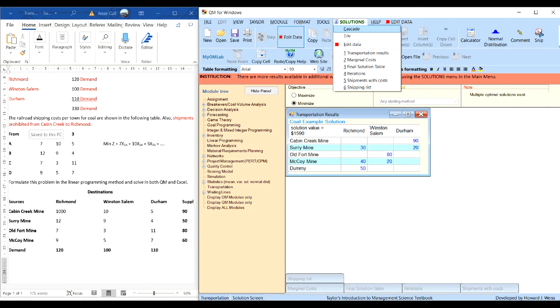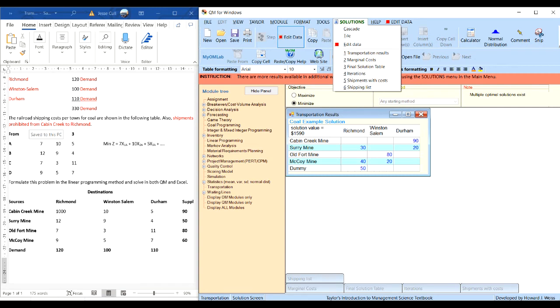40 from McCoy, 30 from Surrey. So without knowing 100%, we see that our answers look kind of like what we expected them to look like. So we can probably assume that this answer is correct.